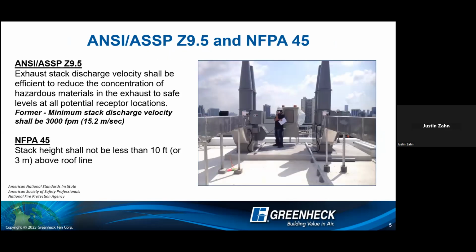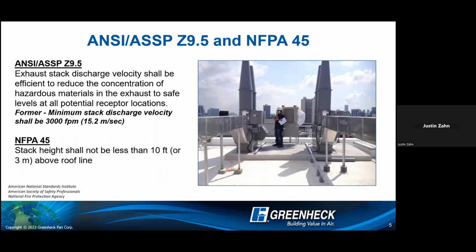So we design our laboratory exhaust fans around two key standards in the industry. The first standard is ANSI Z9.5, which states the discharge velocity coming out of the top of these fans needs to be 3,000 feet per minute or more. Typically, it is more. We stand by this standard.